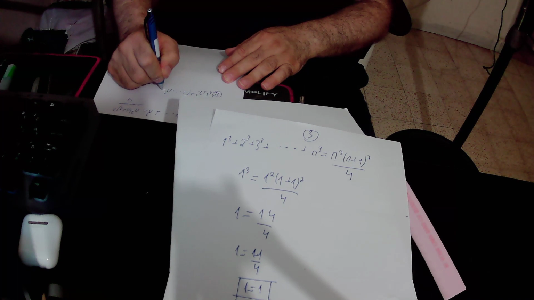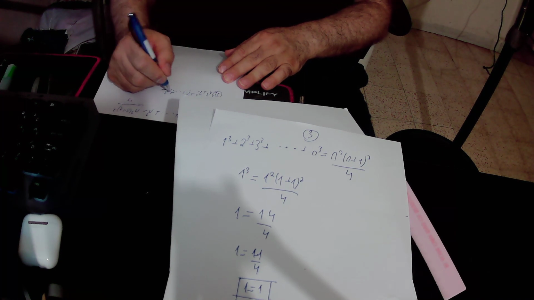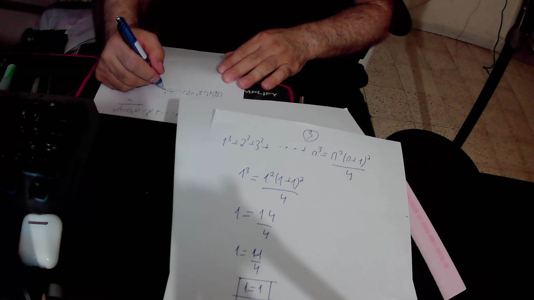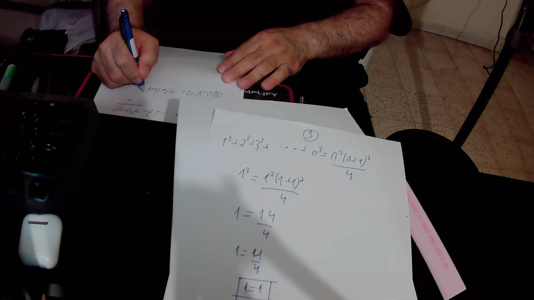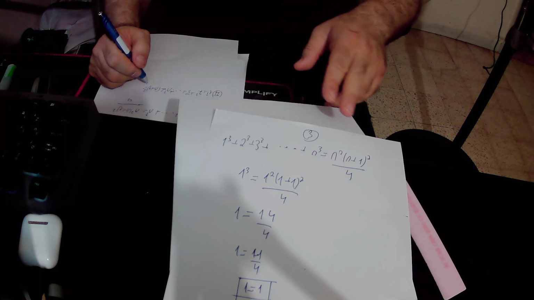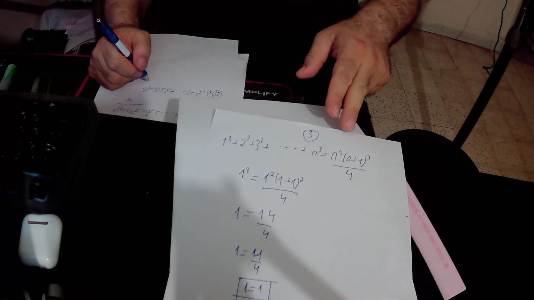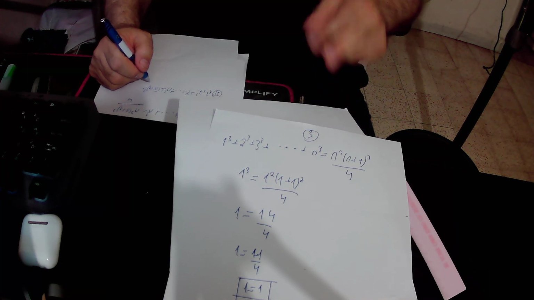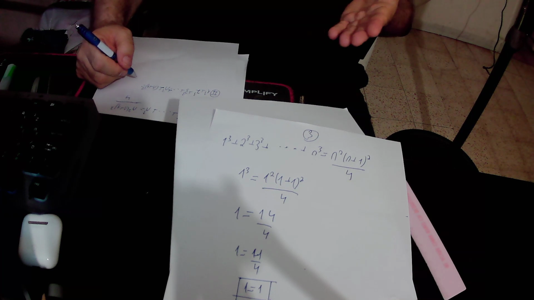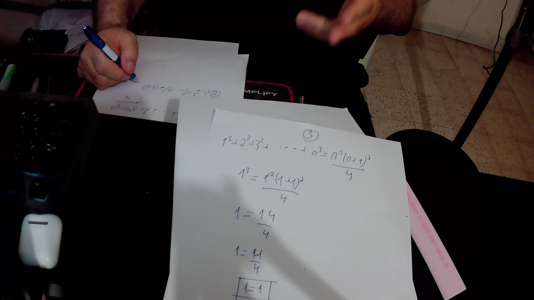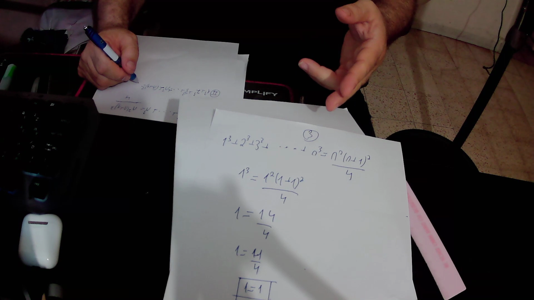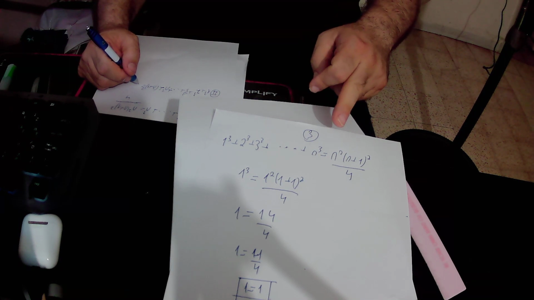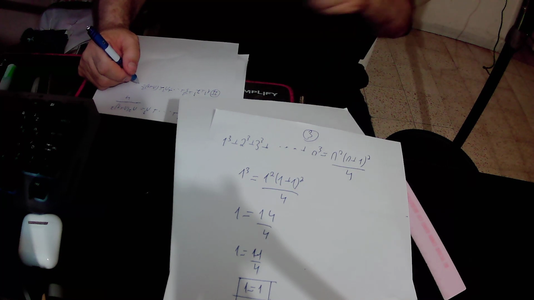So the next, after n to the power of 3, we will have n plus 1 to the power of 3 equals, in the original expression we have n squared times n plus 1 squared divided by 4. And we want to prove that this statement is true for n plus 1. So wherever it is written n, we will write n plus 1, because we want to prove it for n plus 1.